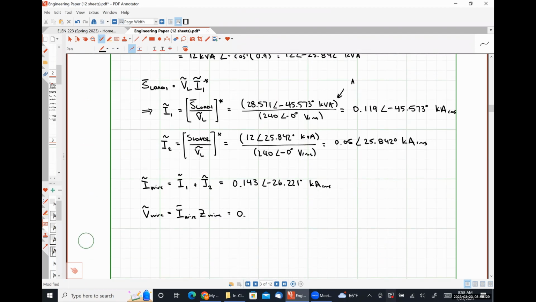Giving me 0.0295 angle 49.743 degrees kilovolts RMS. And I'm going to go ahead and multiply that by a factor of 1,000 to give me the answer in volts.